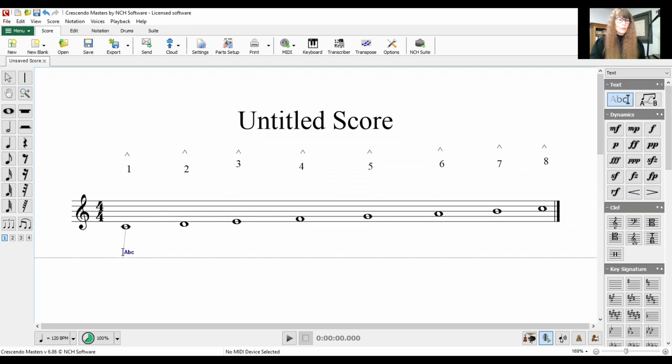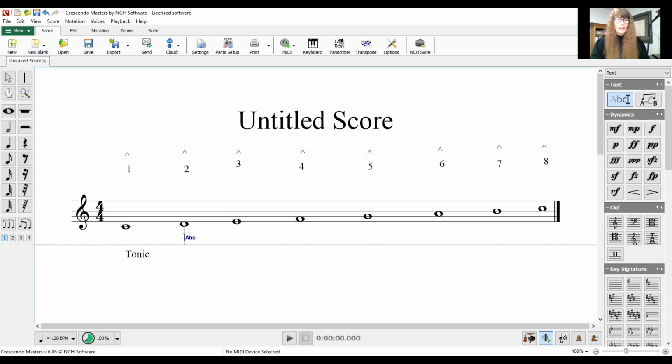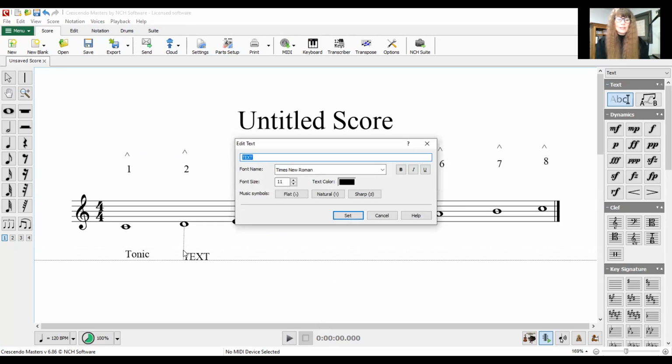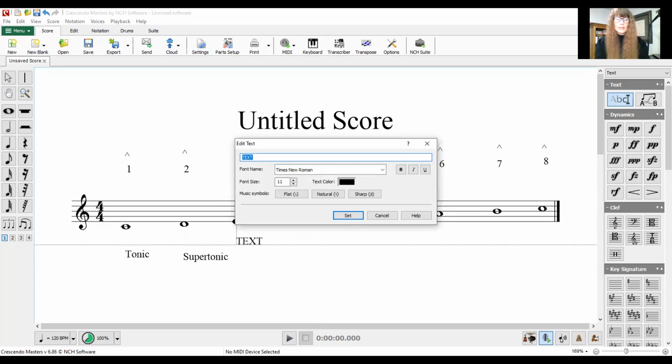So underneath here, I'm just going to tell you what those are. The very first note is referred to as our tonic. The next note is called the supertonic. The third note of the scale is called the mediant.